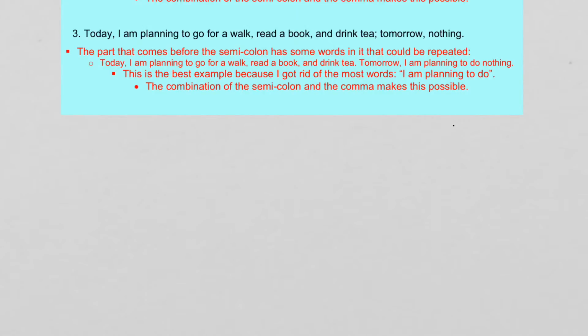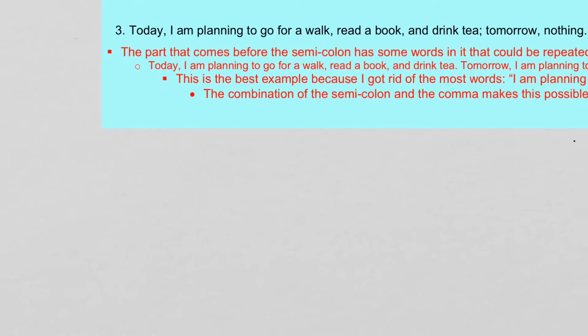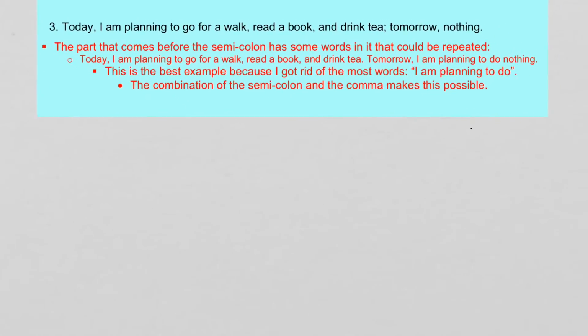So in this case, we actually have a scenario where instead of having to write 2 separate sentences, we can put it all into one sentence. So it really can be useful to understand how to do this. Now, some of you might be saying, well, why can't I put it all in one sentence? Well, because see how we have all these commas here, right? Today I am planning to go for a walk, comma, read a book, and drink tea.